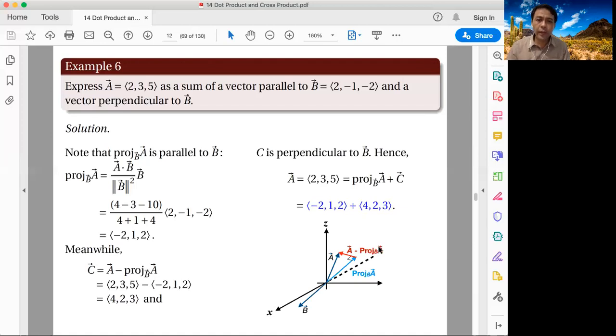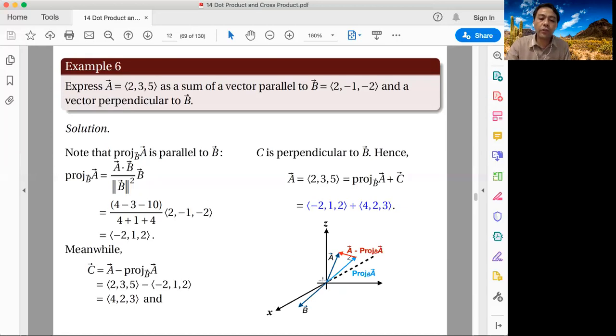So consider the diagram. We have a vector B here, the vector A there. And since A dot B in our equation here is 4 minus 3 minus 10, that's a negative 9. So it's negative, and A and B form an obtuse angle.